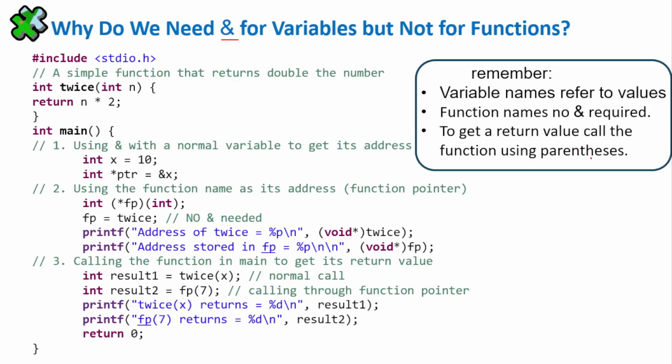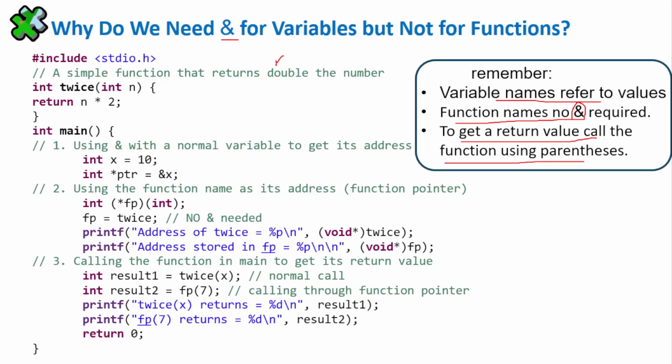So remember, variable names refer to values. Use the ampersand operator to get their addresses. Function names refer directly to addresses. No ampersand operator is required. To get a return value, call the function using parentheses. Please see the example.